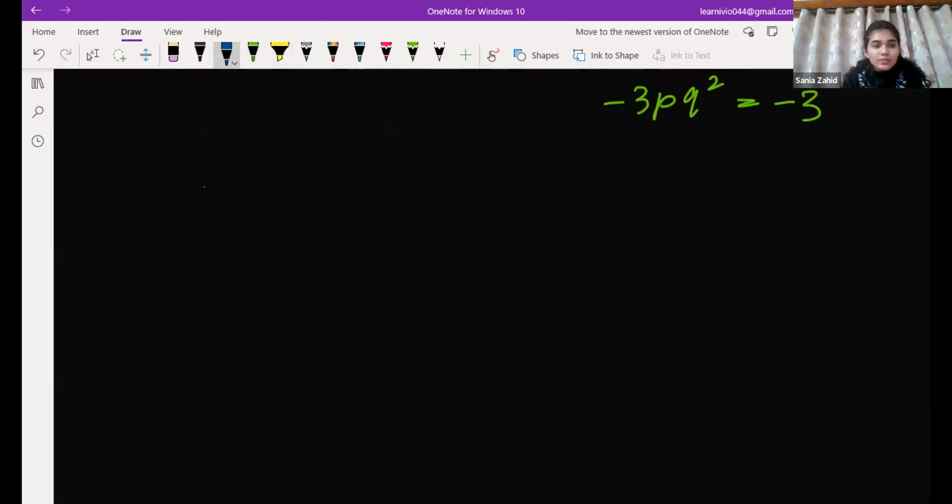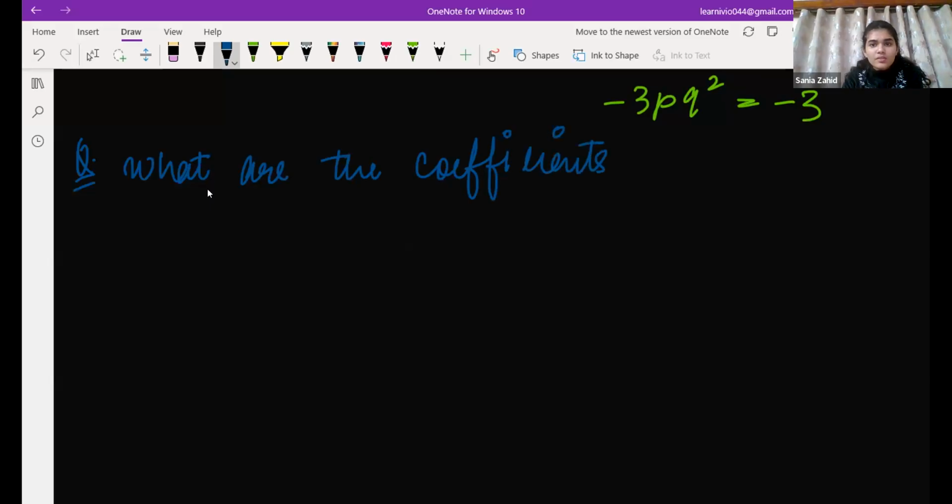You have to tell me what the coefficients of x are in the following. First is 4x minus 3y. Second is 8 minus x.